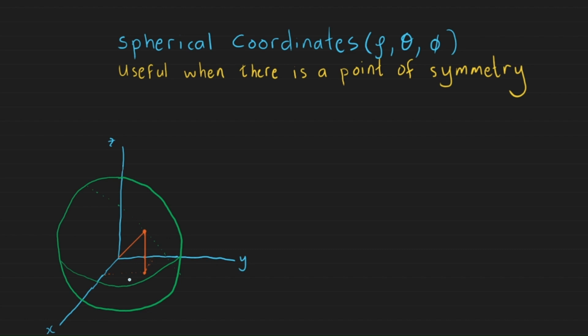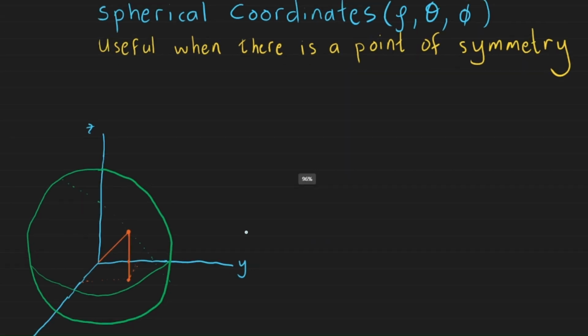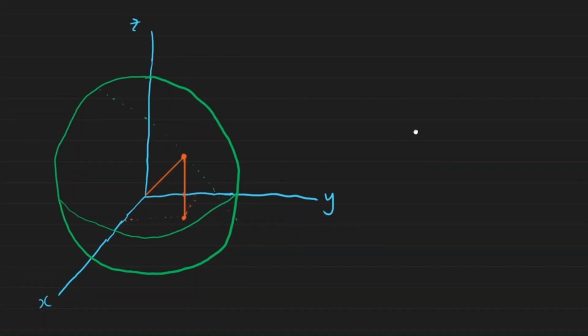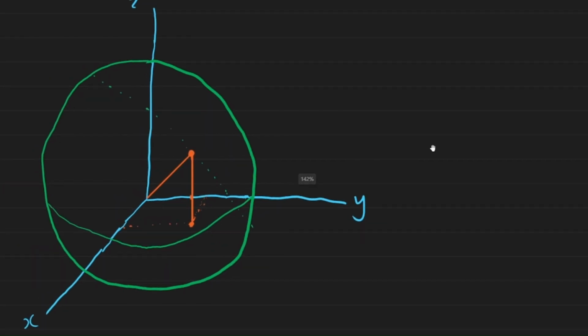All that we need to do is understand what this transformation is, that is the transformation of the variables, and understand how to set up the integral. So let's look at what these variables are in spherical coordinates and how do we go about deriving them or understanding how they come about.